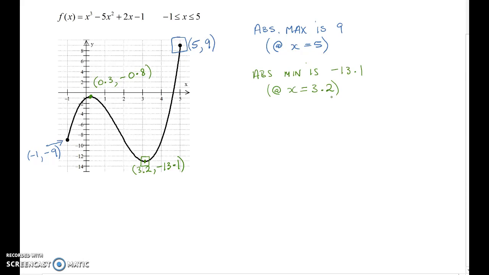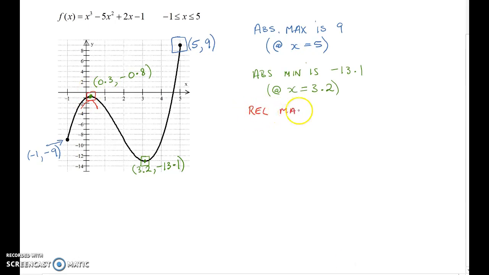Now we also want to look at relative maximum, relative minimum. So let's deal with the relative maximum first. The relative maximum is just the top of a hill. And we can see that over towards the left here, we have a little hill that I've shadowed there. So this point would be the relative maximum.